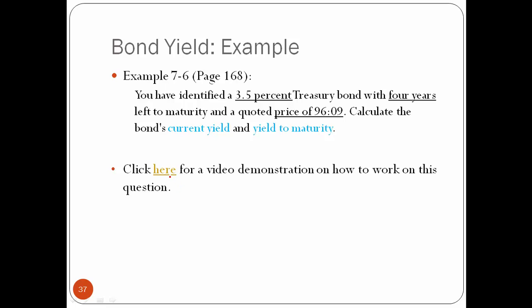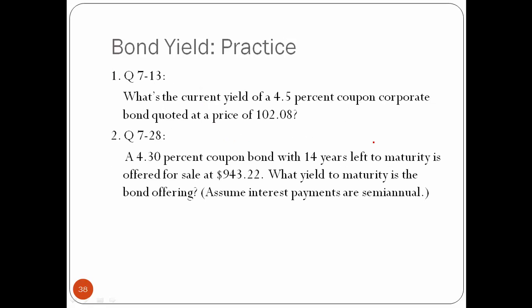So click here for this video that explains how to work on this question to get the result of the bond current yield and yield to maturity. Once you watch that video, you get some idea about how to do the calculation for the current yield and yield to maturity. Come back to this slide, or say this lecture, and let's try to practice questions.